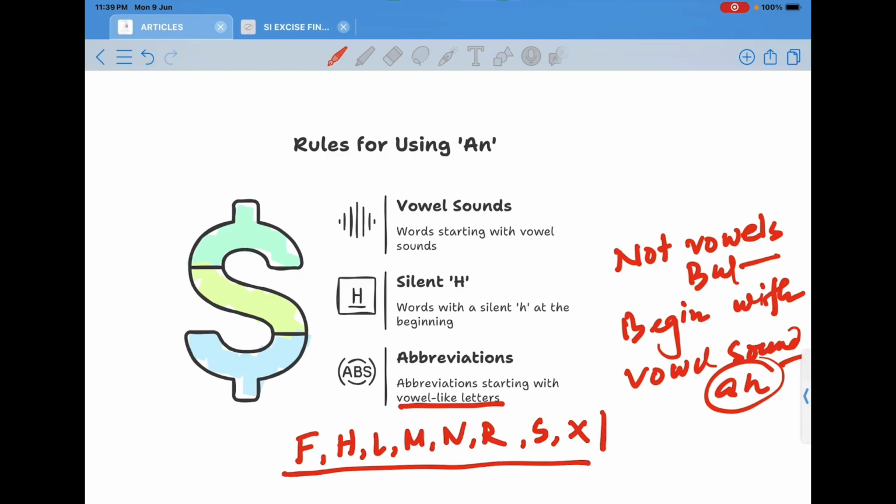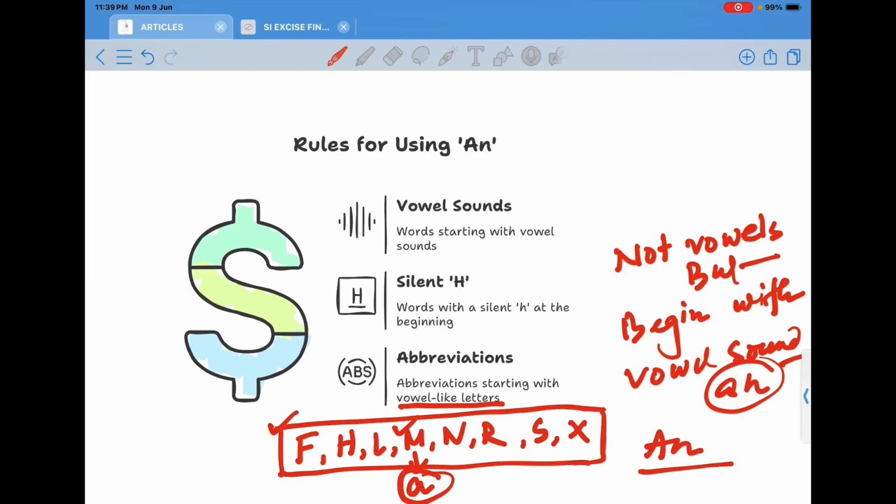So when you will be pronouncing these letters, the pronunciation of these letters will start from a vowel. For example, M. So before pronouncing M, there is a sound coming, that is like A. So basically A is a vowel. So in this kind of situation also you will use an, right?